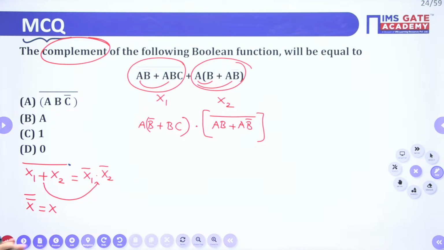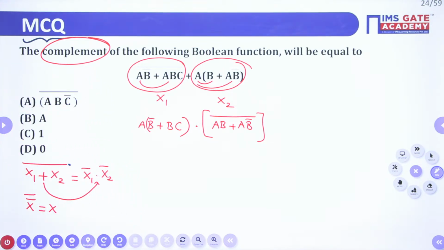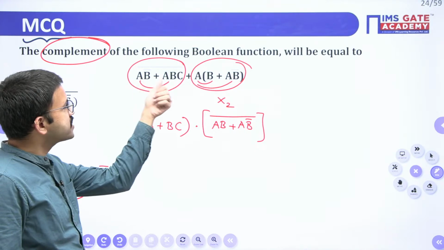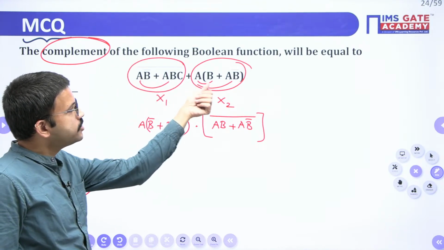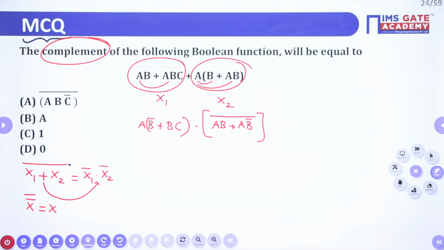Here you are having AB bar plus ABC whole bar. Here A into B plus AB bar. Yes, very good, Kundan.